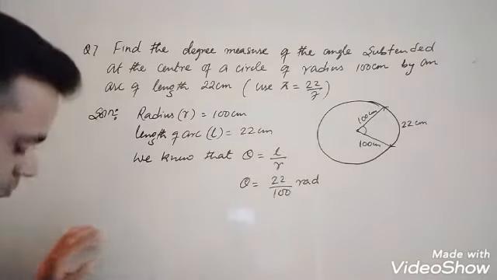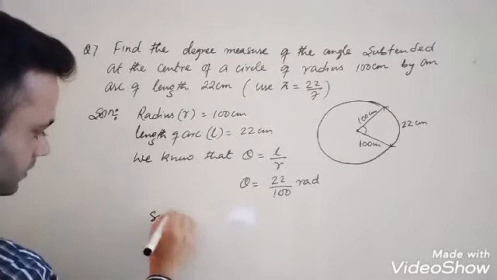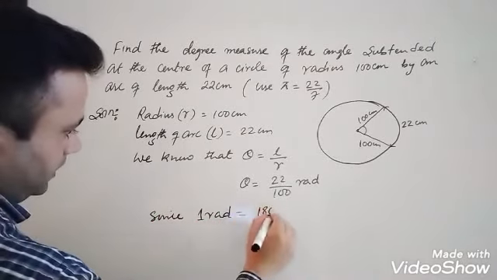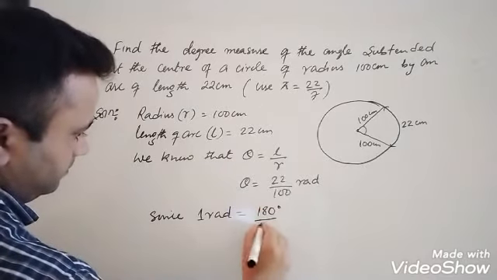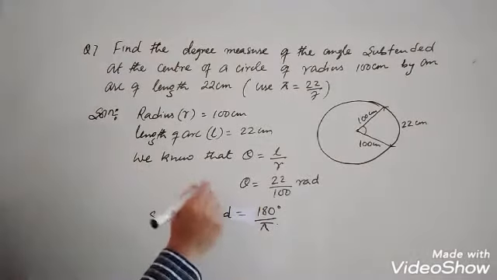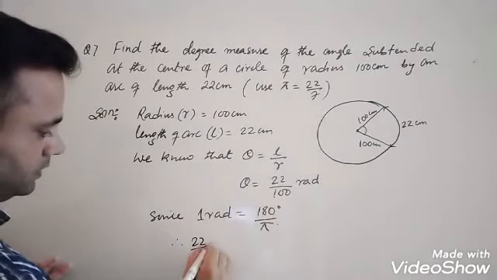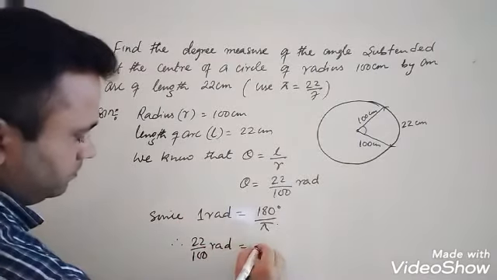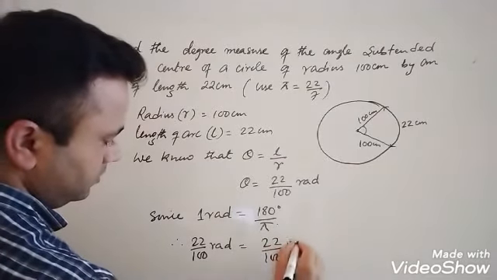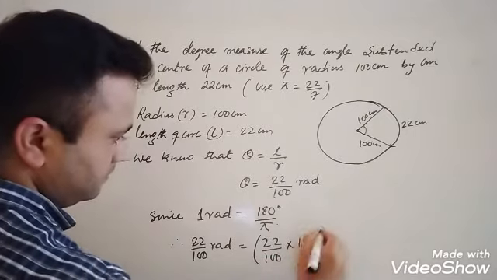So we know that 1 radian equals 180 degree by pi. Therefore 22 by 100 radian equals 22 by 100 into 180 by pi, which is in degree.